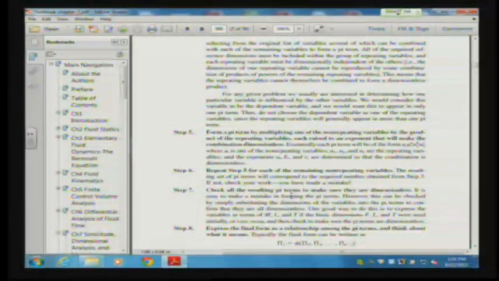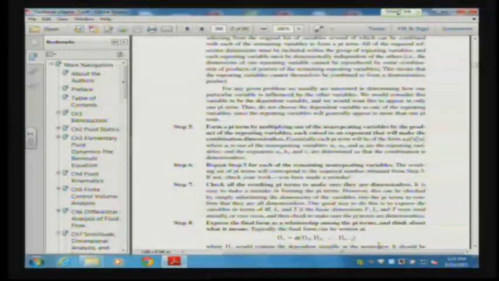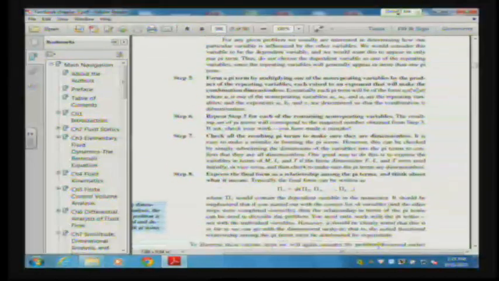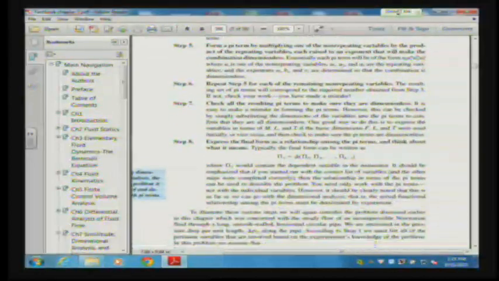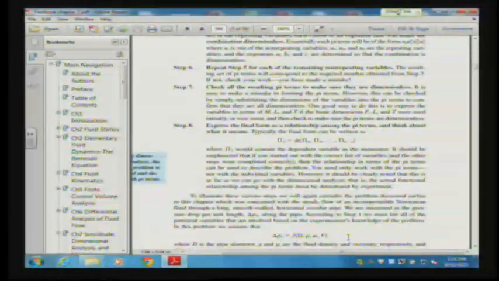I had made an incorrect assumption about what the dimensions were of delta p sub l. So when I identified that mistake, I corrected it and everything worked out fine. The last step then is to write that one dimensionless group as a function of the other dimensionless groups. All right, and so this is the basic function.